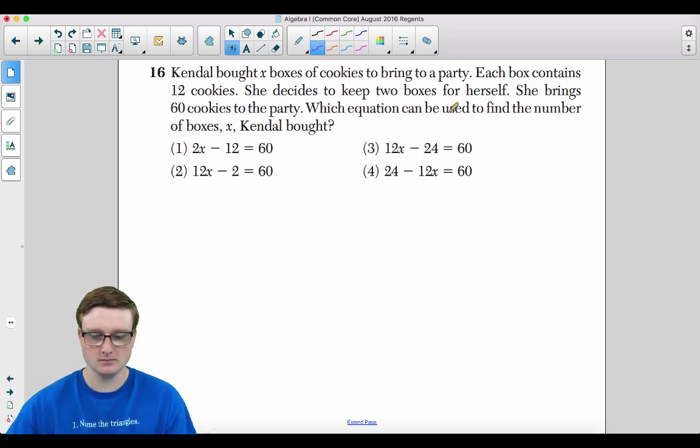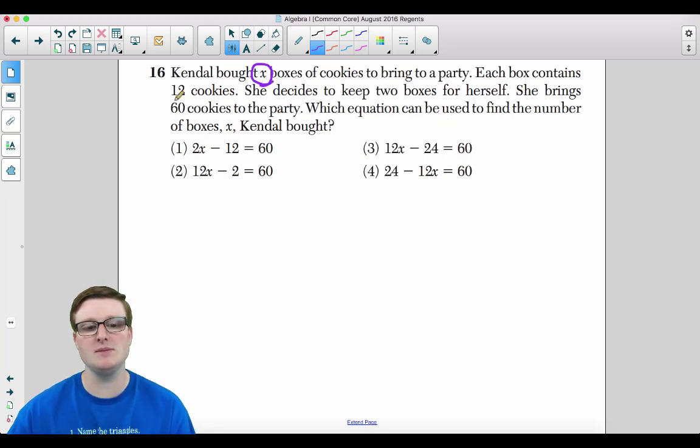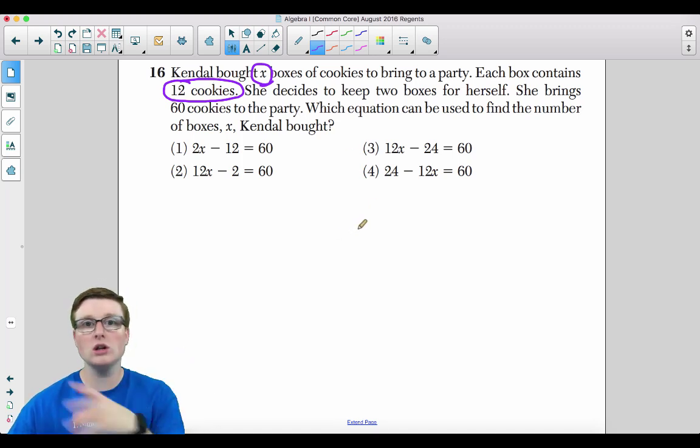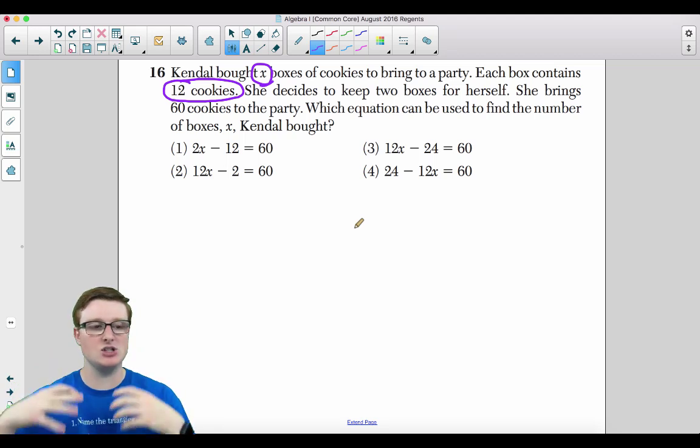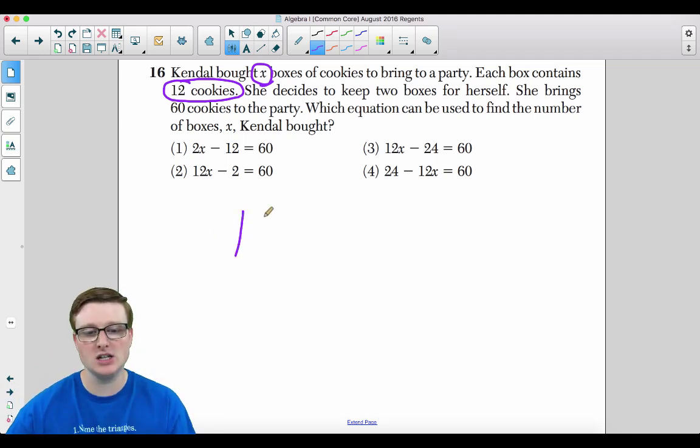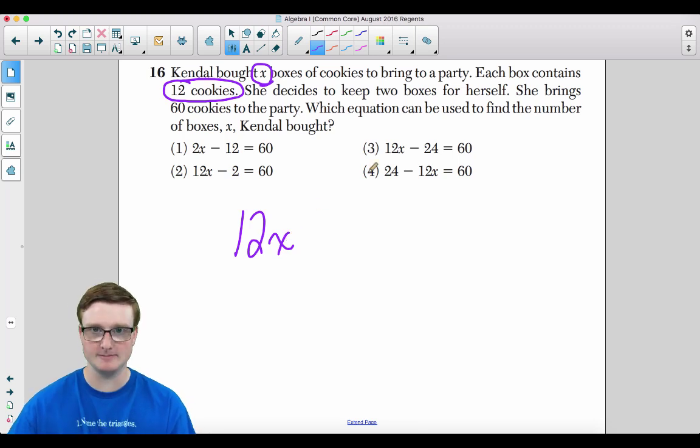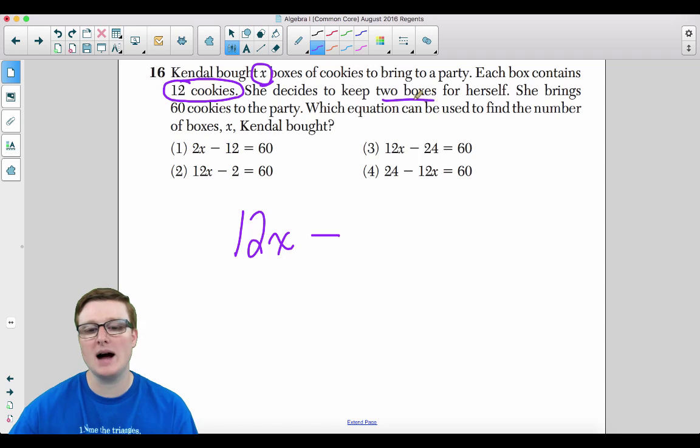So what's happening here is she bought x boxes, so that's what we're trying to find, and each box contains 12 cookies. So the total amount that she bought at the supermarket is x boxes, 12 cookies in each box. So that's going to be 12x. And she's subtracting 2 boxes for herself.